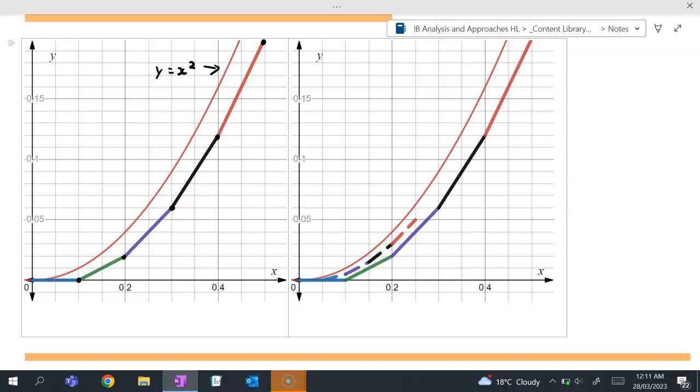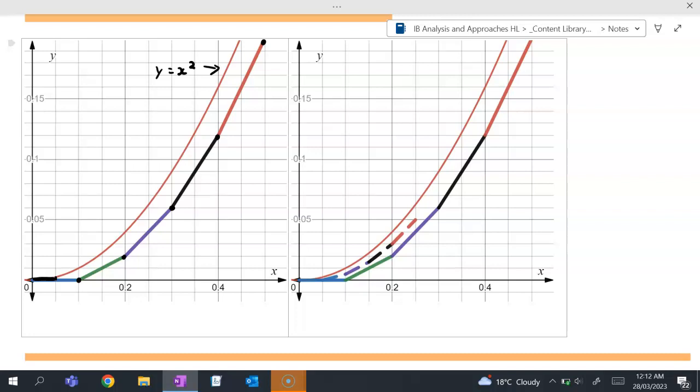Now, you could say, well, hang on, you could get a better approximation. Let's say you made your step 0.05, because here the tangent is closer to the function value. And I'd have to say, yes, you could get a better approximation.